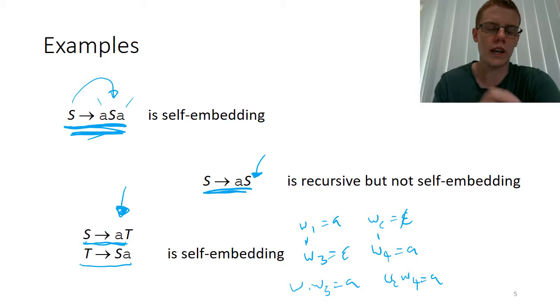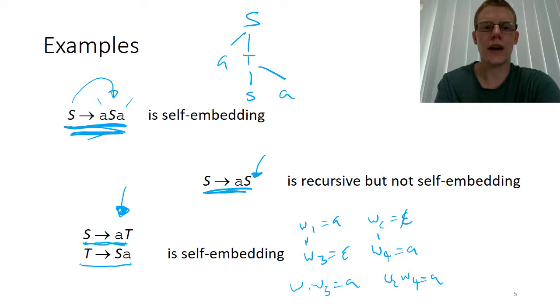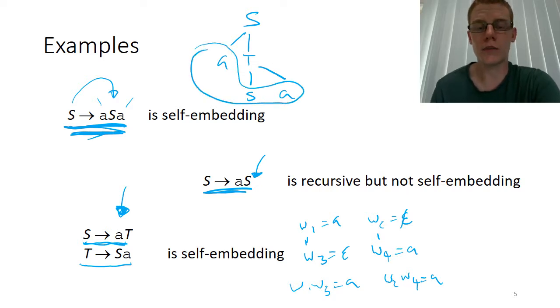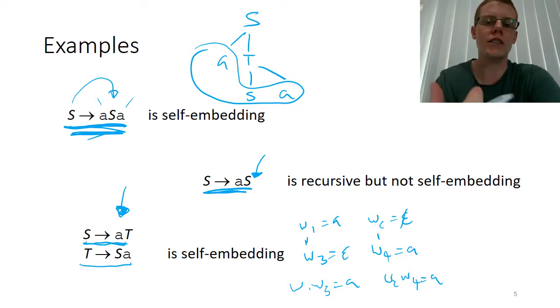And we can see that because we eventually end up with something, if we look at the parse tree, where we have inserted S back inside of something that contains some input alphabet strings. So we've inserted S back inside of a non-empty string.